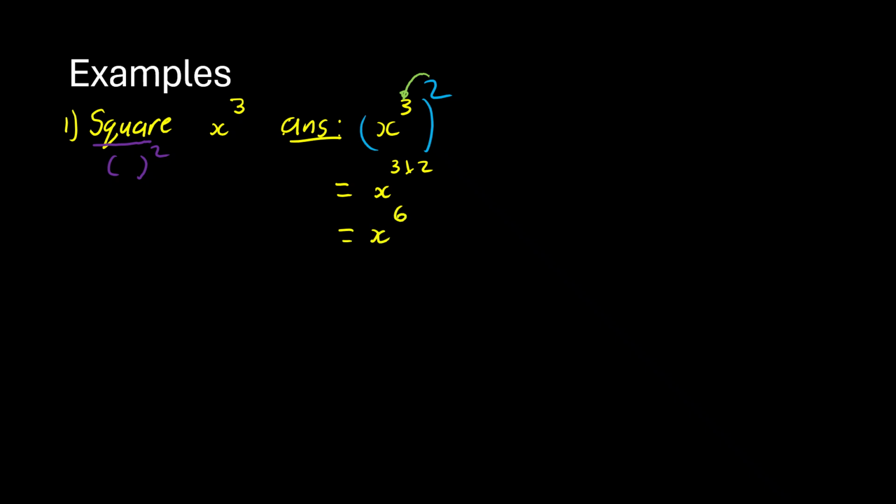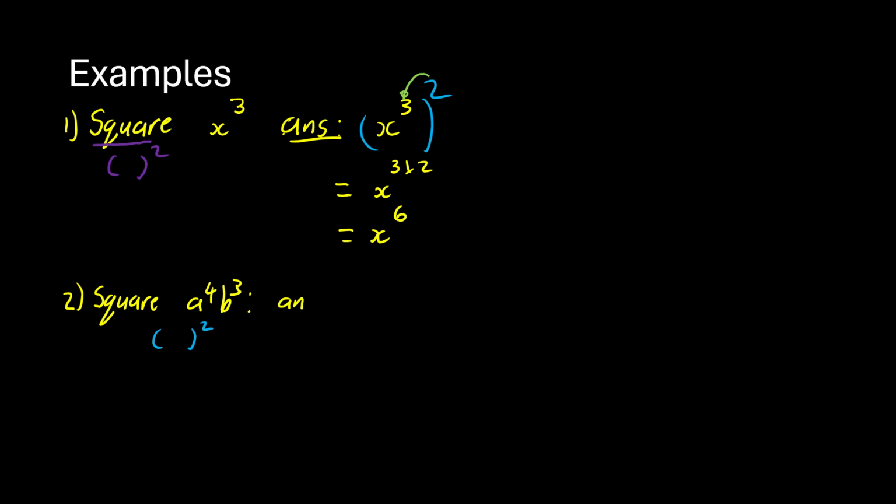I can also ask you to square something like a to the power of 4, b to the power of 3. Again, this just means I want you to take this a to the power of 4, b to the power of 3, and raise it to the power of 2.